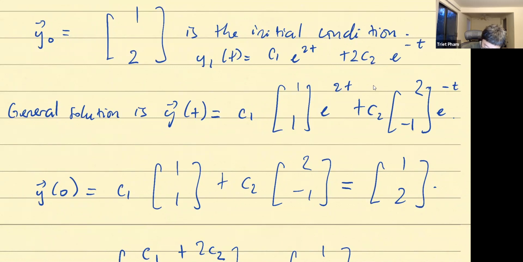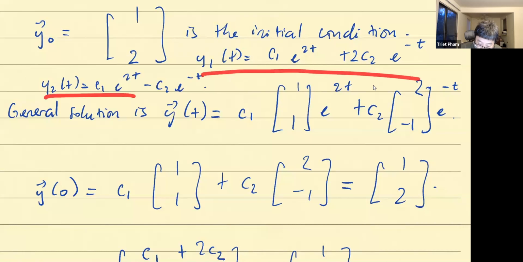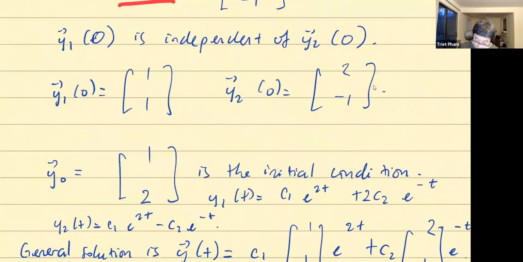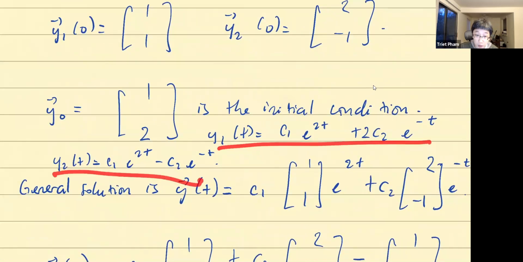The scalar y2 will be c1 e^(2t) minus c2 e^(-t). I want you to not confuse my notation for the vector and the scalar row notation.